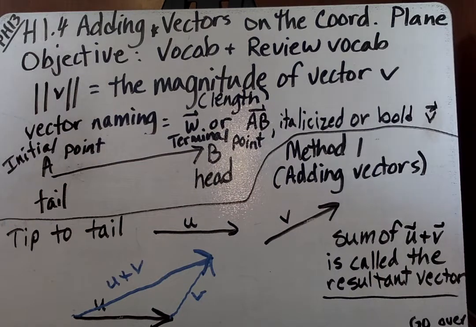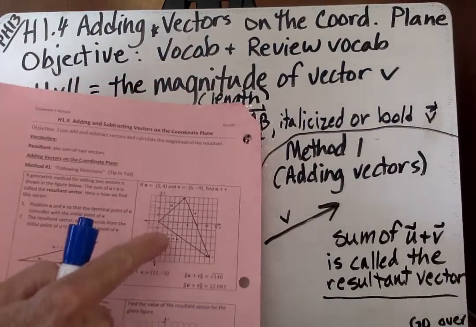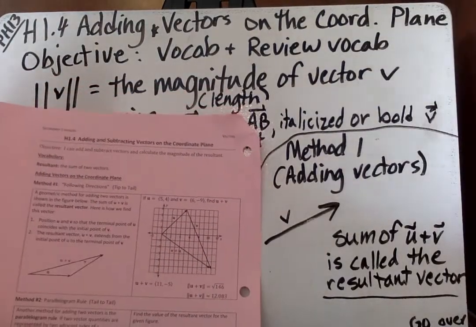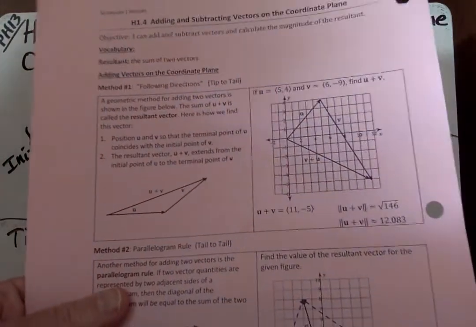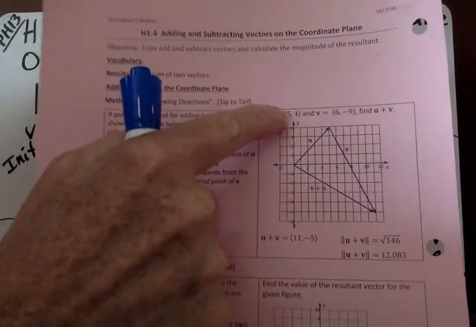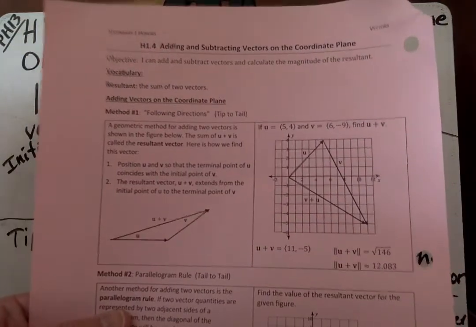Now, on your form, it shows U plus V. It gives you this example, and I want to make sure you can see that example pretty good. They actually show the U in component form and V in component form.